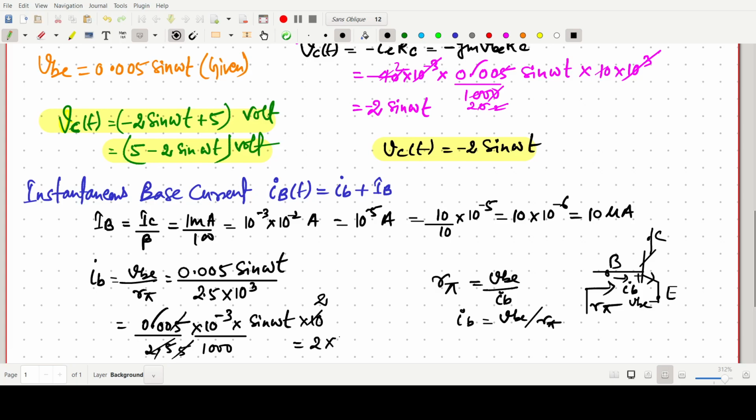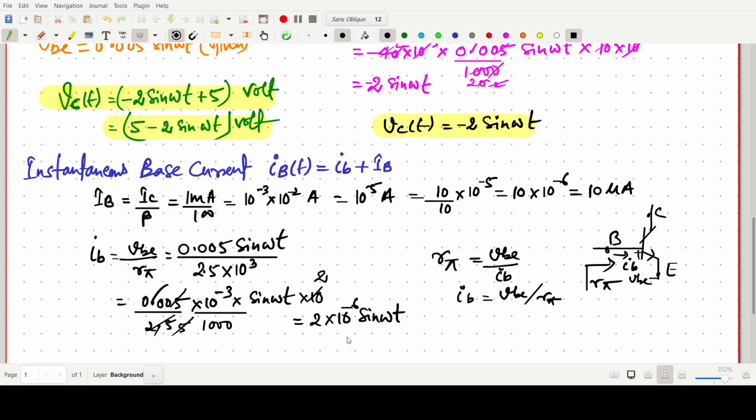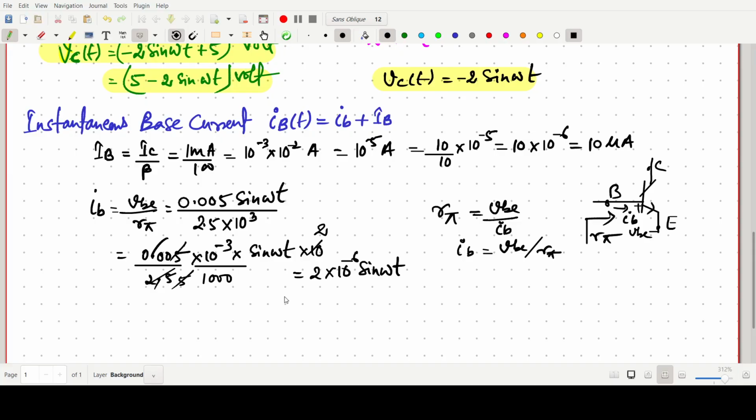So it is 2 into 10 to the minus 6 sine omega t. This ib value is simply 2 sine omega t in microampere.